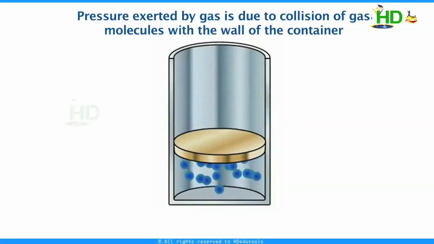If gas is having more number of molecules, we can expect that gas is having more pressure. More number of molecules means more density. That means if the gas pressure is more, the density of gas is also more. If the density of gas is more, the pressure is also more. That means the pressure is directly proportional to the density of the gas.